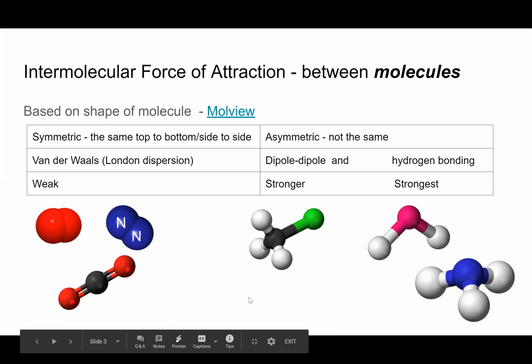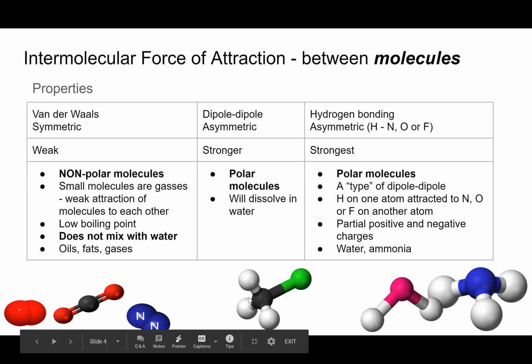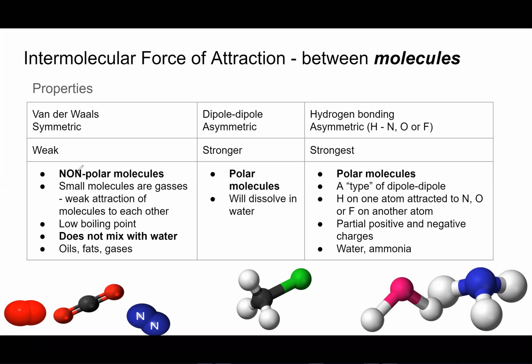All right, let's see. Okay, so continuing on, these are some properties for IMFs. Van der Waals are the weakest attraction, and they happen only on non-polar molecules.